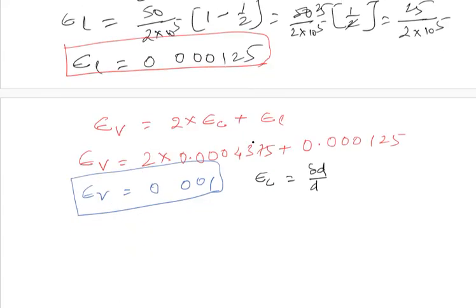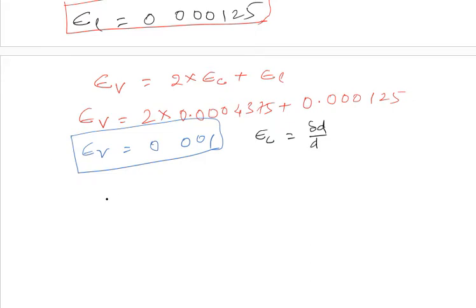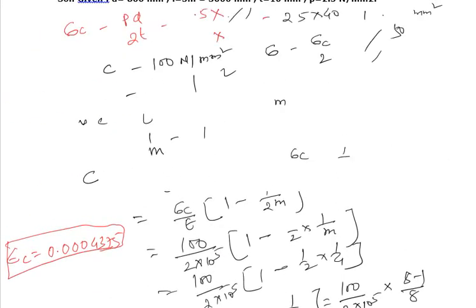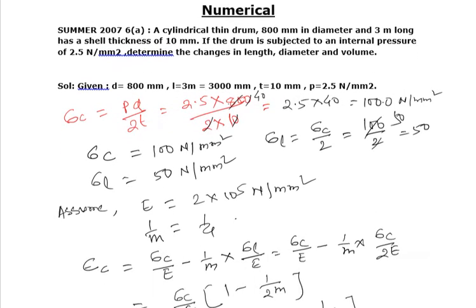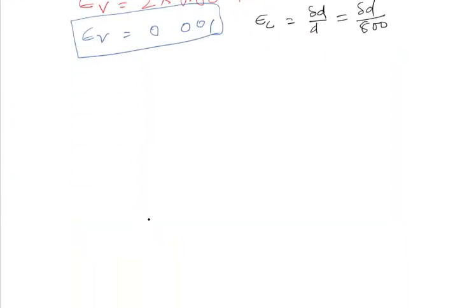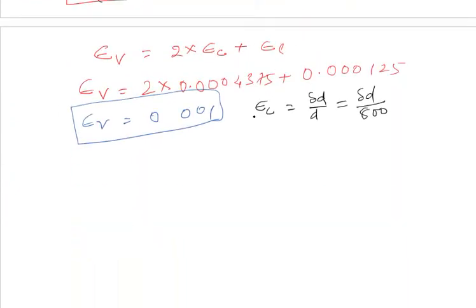So epsilon C is equal to del D by D. What is the diameter? The diameter of the drum is given, that is D equal to 800 mm. So we put the value of D.